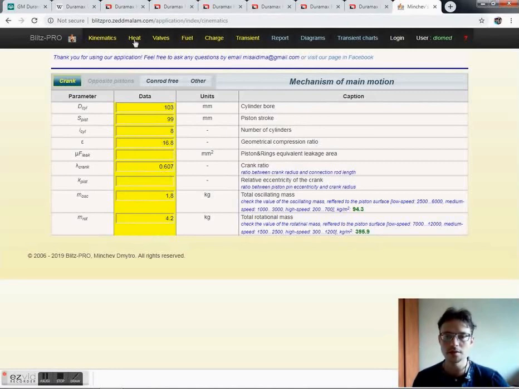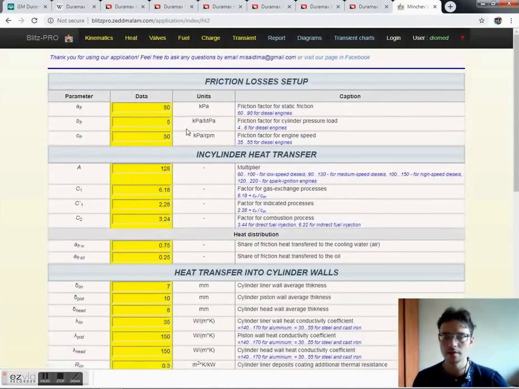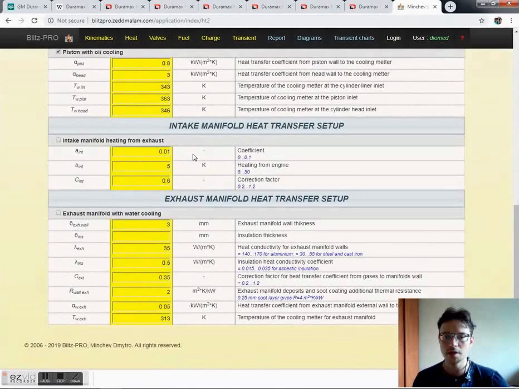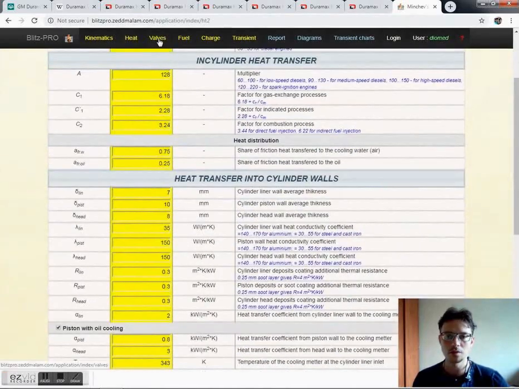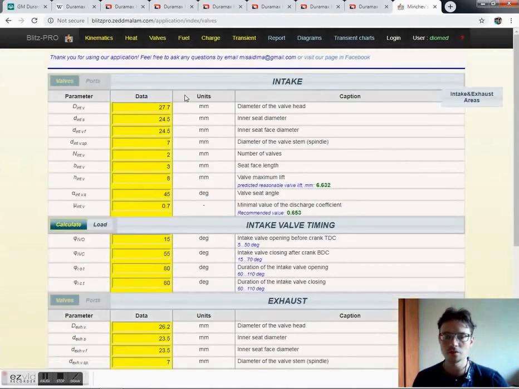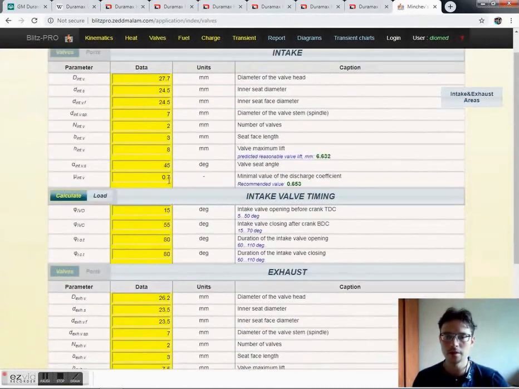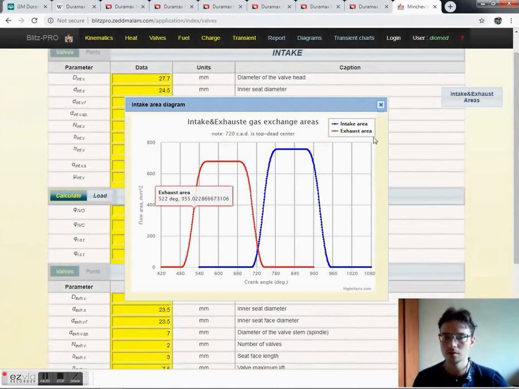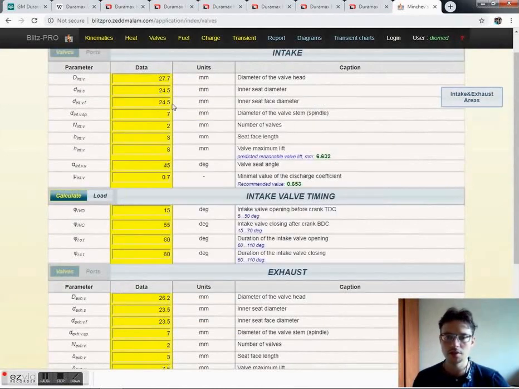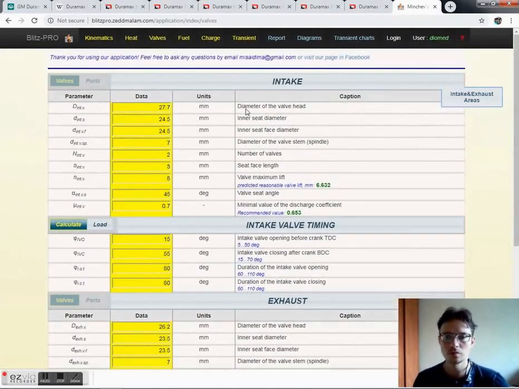I made all this setup using information from the internet. The valves, as you can see, are 4 valves per cylinder, 2 for intake and 2 for exhaust. I found this geometry.